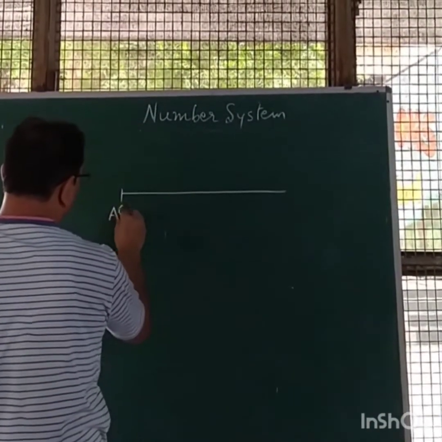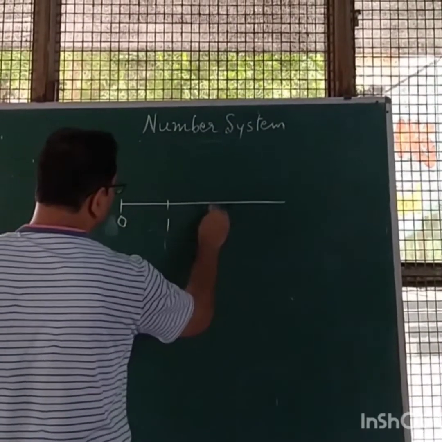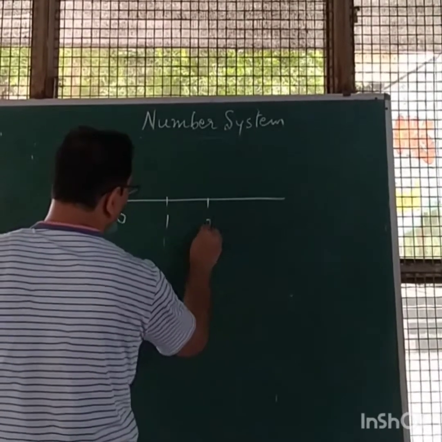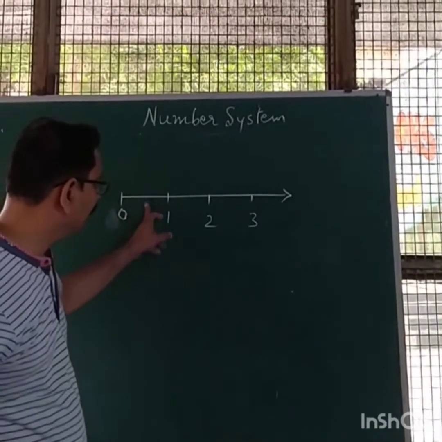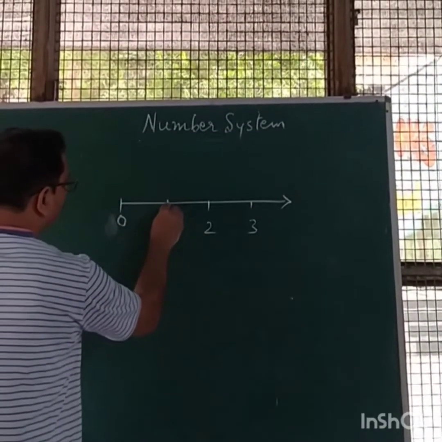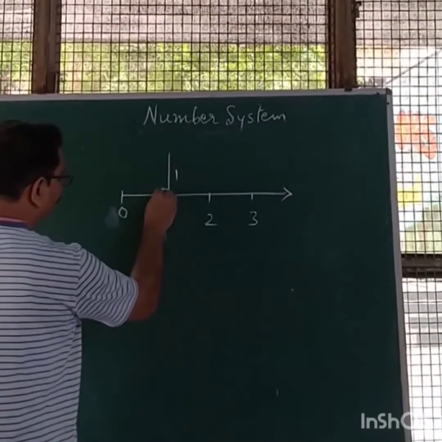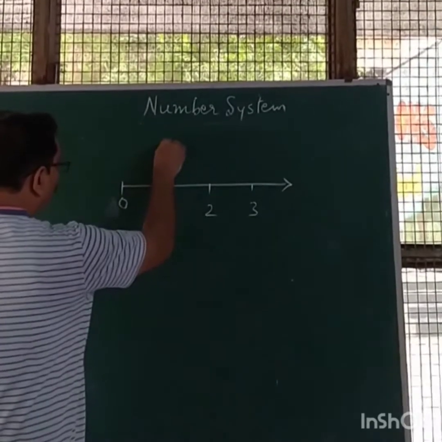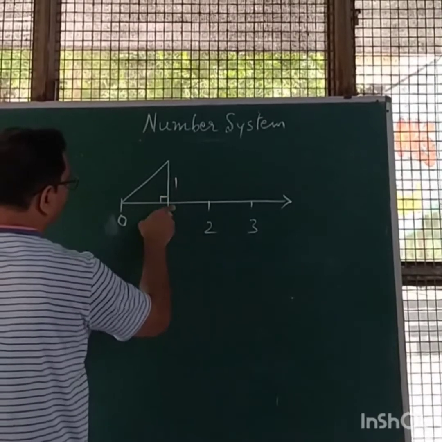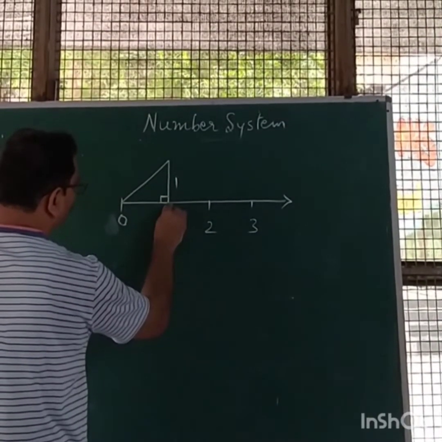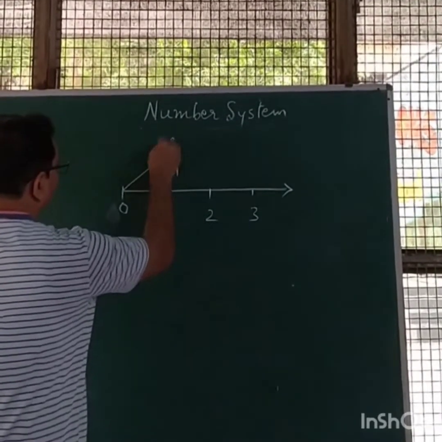Now this point is O, origin 0, 1, 2, 3 and so on. We take 1 unit and a line which is perpendicular to it having 1 unit also. So this is a perpendicular here. We take this point as A, and this to be B.